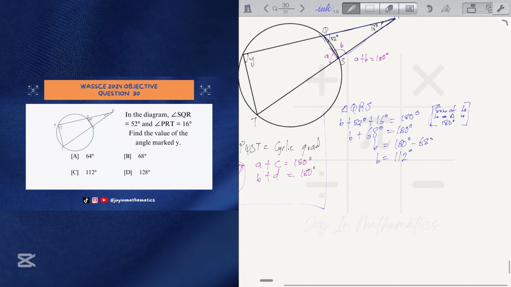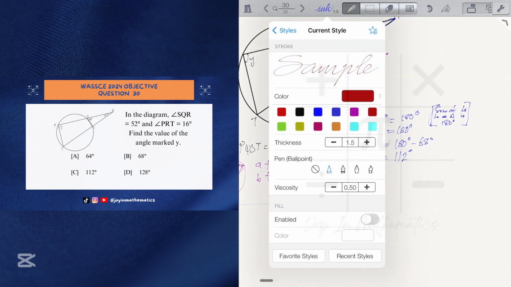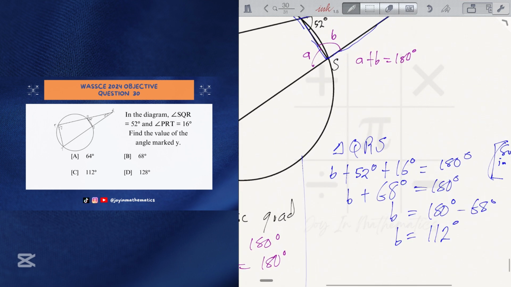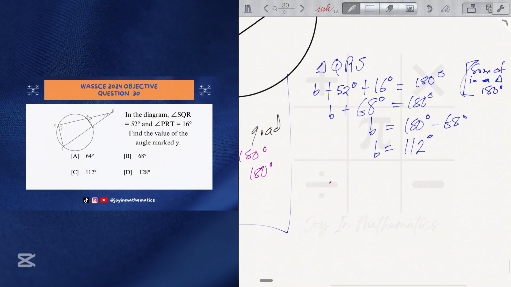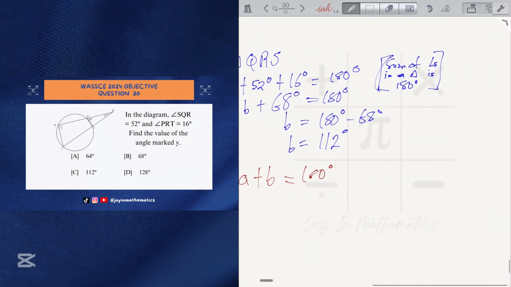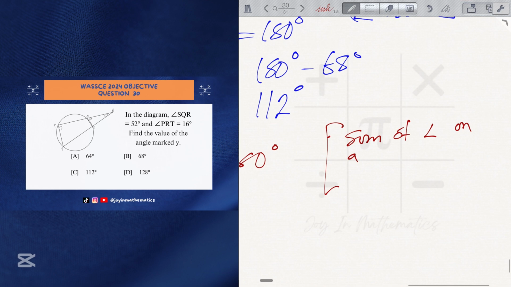So moving on, we will now proceed further and evaluate the angle on this line. So we have A, and we also have B, and A plus B is equal to 180 degrees. And what are we applying? The principle we are applying is that the sum of angles on a straight line is 180 degrees.